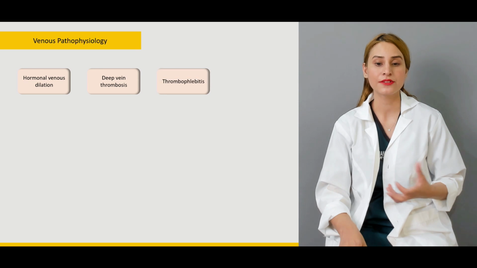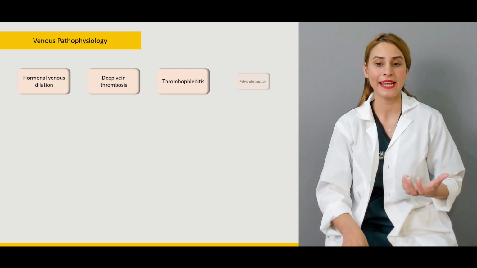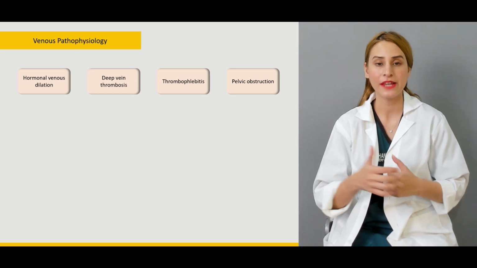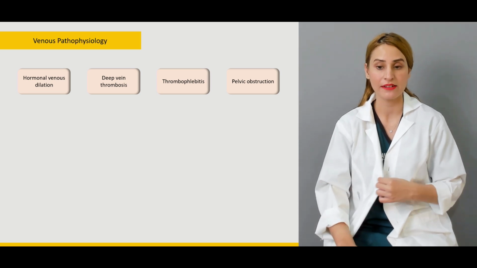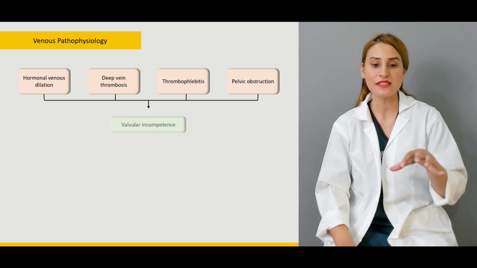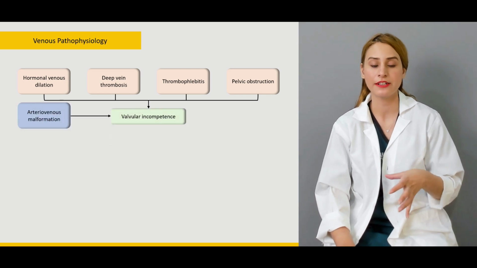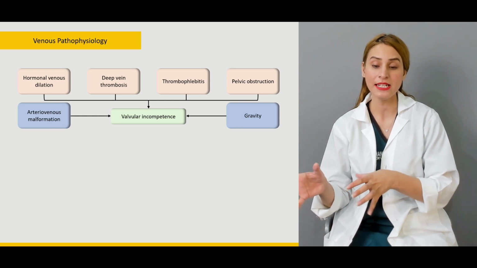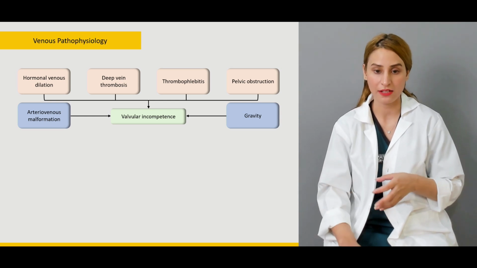This is another graphical representation, and these are the four factors: hormonal venous dilatation, deep vein thrombosis, thrombophlebitis, and pelvic obstruction. These four things will lead to valvular incompetence, plus the effect of gravity and also the effect of AV malformations.